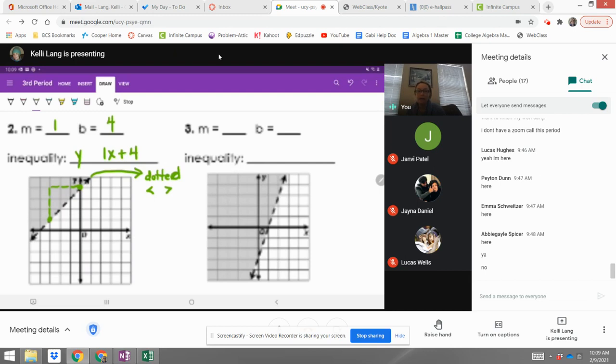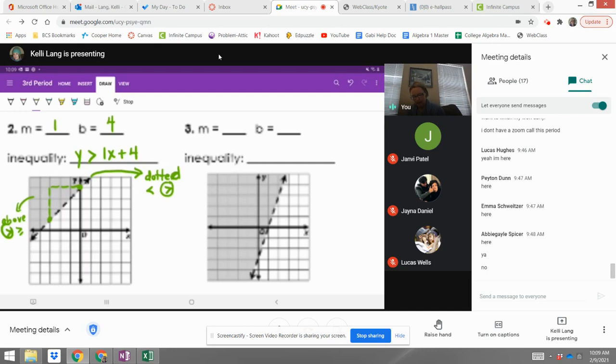There will be no equal to component in the inequality. And based on the fact that the shading is above, we know it's going to have to be a greater than symbol. So based on these two pieces of information, I know I'm going to need this symbol: y is greater than x plus 4. And that's your inequality.